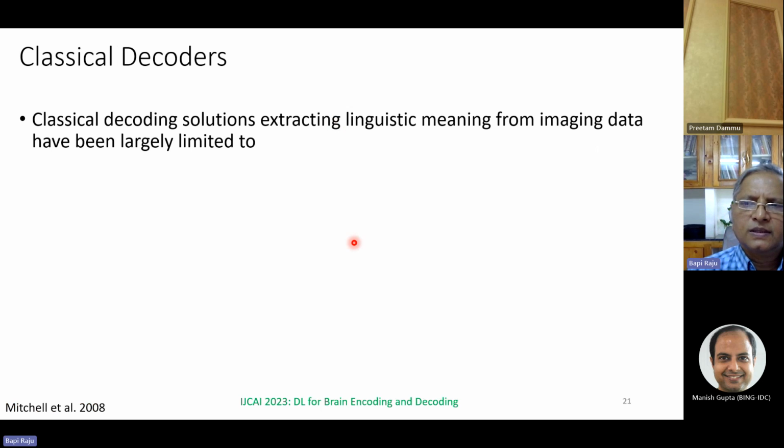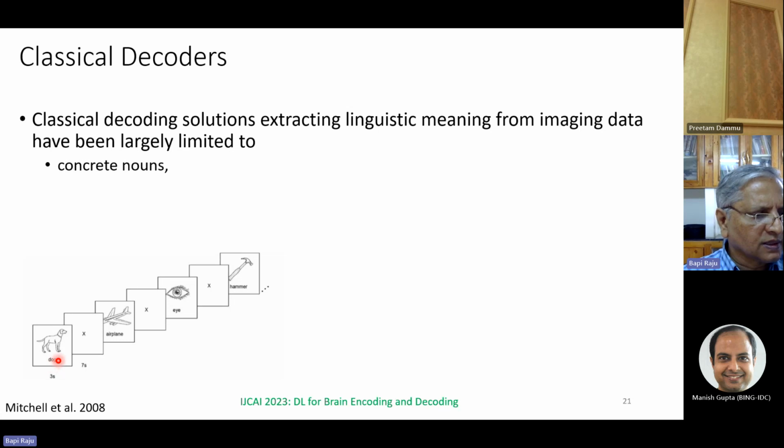Classical decoding solutions: brain decoding was introduced by Tom Mitchell in 2008. There is a series of papers from Tom Mitchell's group at CMU, who looked at decoding solutions, extracting linguistic meaning from imaging data related to concrete nouns. These are drawings of different objects, and participants are viewing them along with this label.